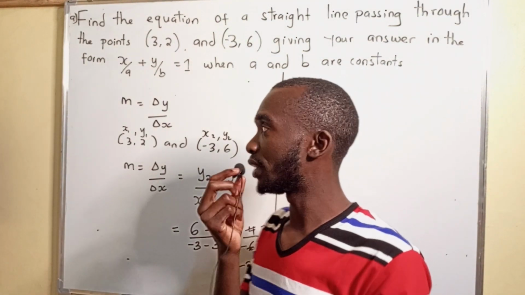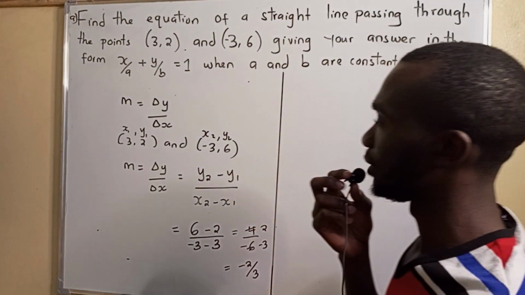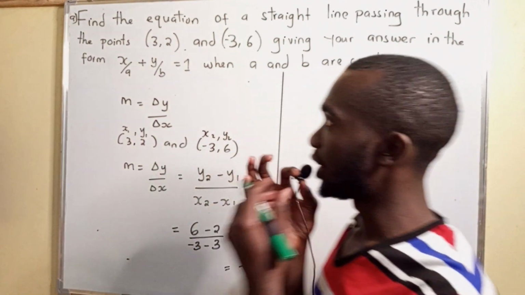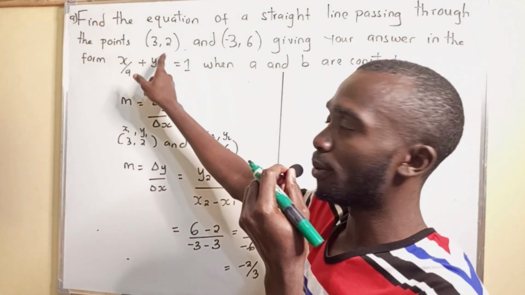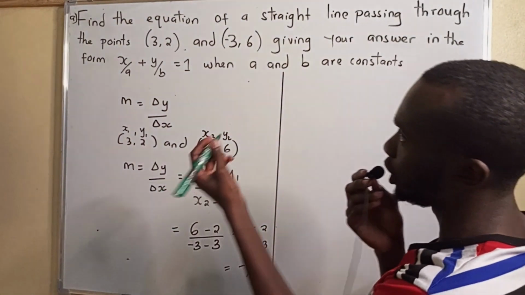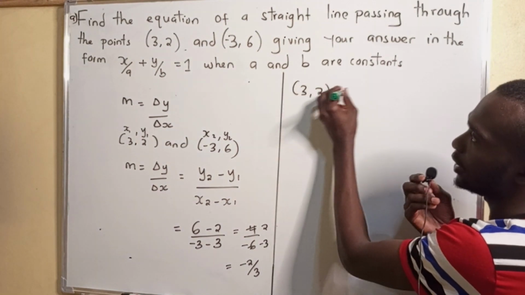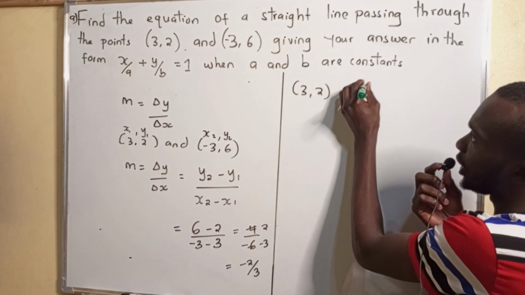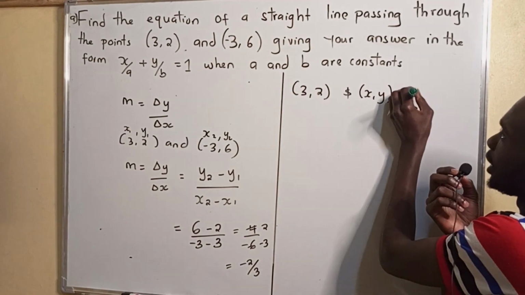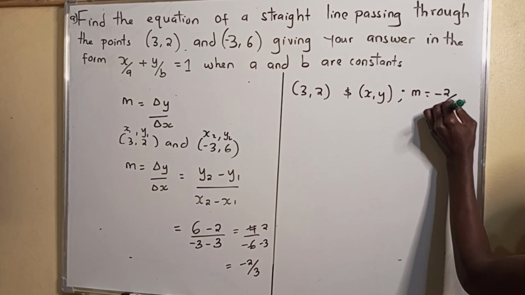Now we want to find the equation of this line. We can find the equation first in the form y equals mx plus c. For that, we take one of the coordinates. I can pick (3, 2), and I create my own general coordinate, (x, y), with the gradient of this line being minus 2 over 3.